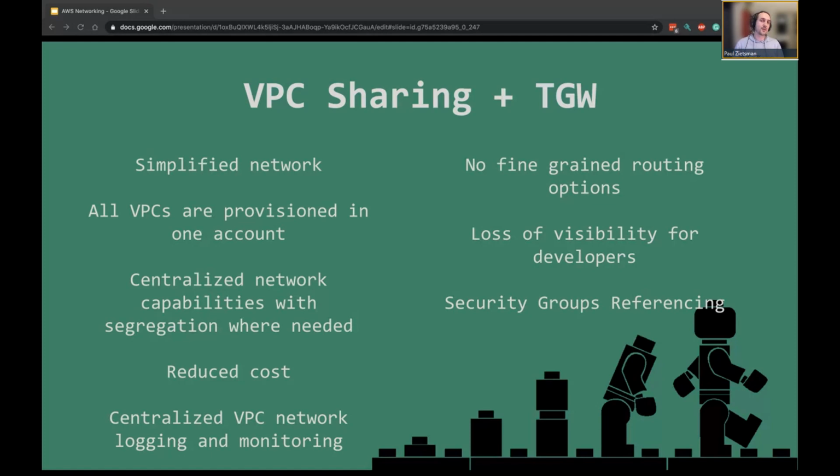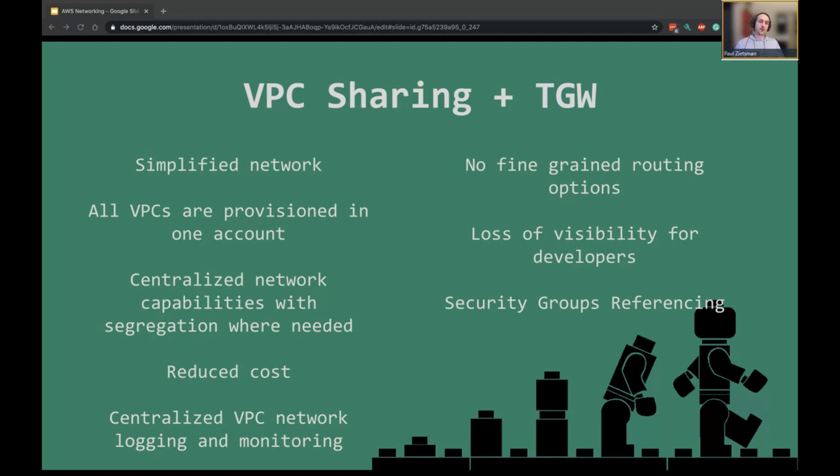We avoid NACLs as far as possible, and for us that's a last resort, because maintaining NACL rules can become quite tedious. So if you want that same type of granularity or routing restrictions, you would have to go to NACLs, where you could have just maintained a simple route table in your TGW.